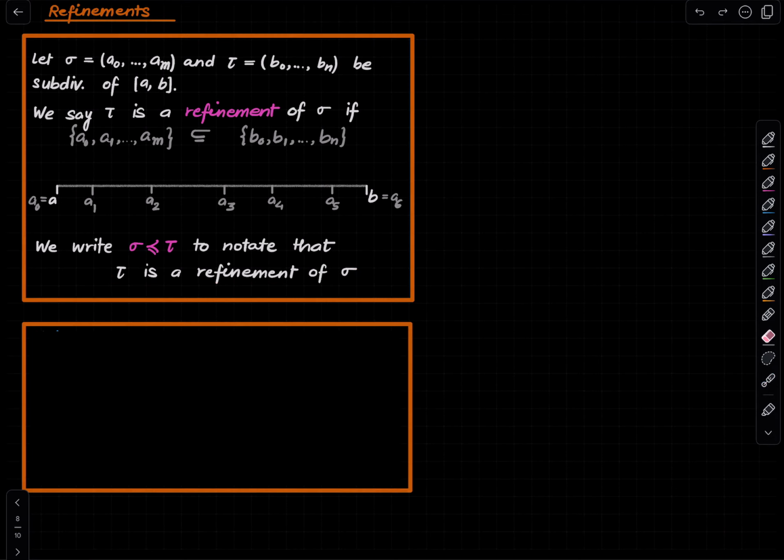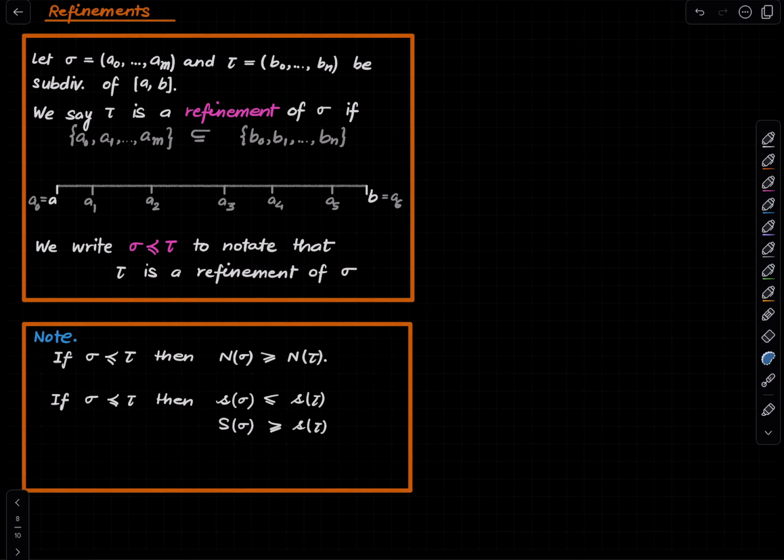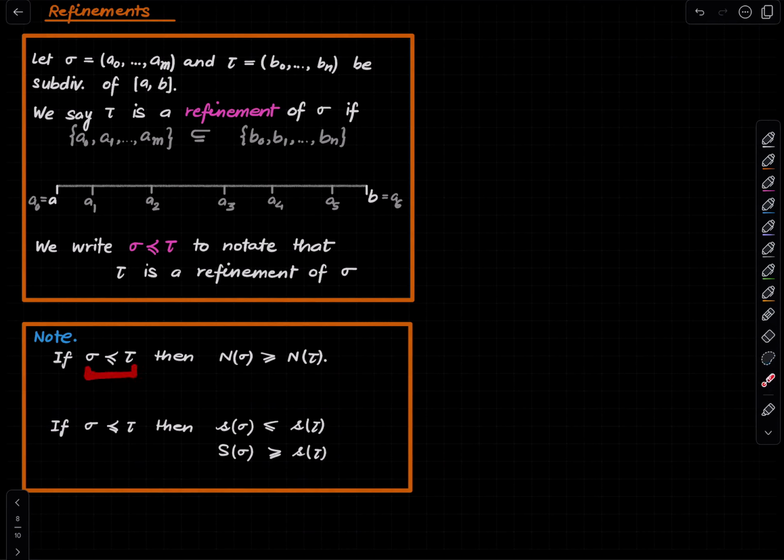And now, forget about the second part, we'll talk about that. But the first part, if sigma is refined by tau, then the norm of sigma is at least the norm of tau. So this is a very simple exercise once you recall the definition of norm. The norm of sigma is the maximum length of all the parts that are there in sigma.